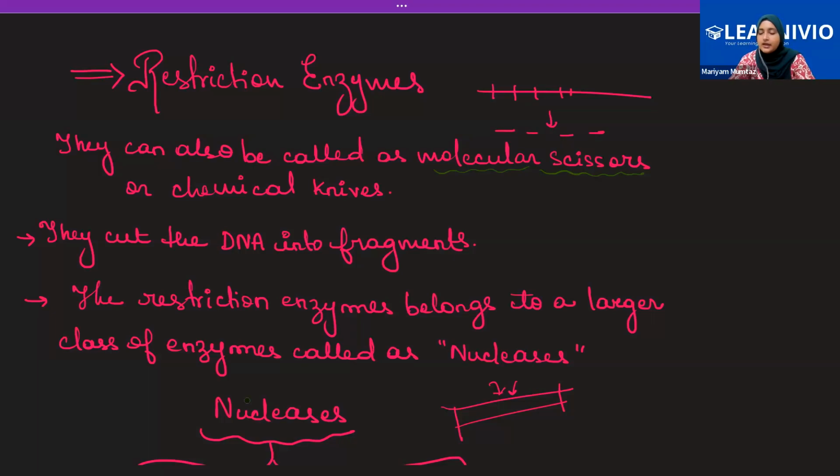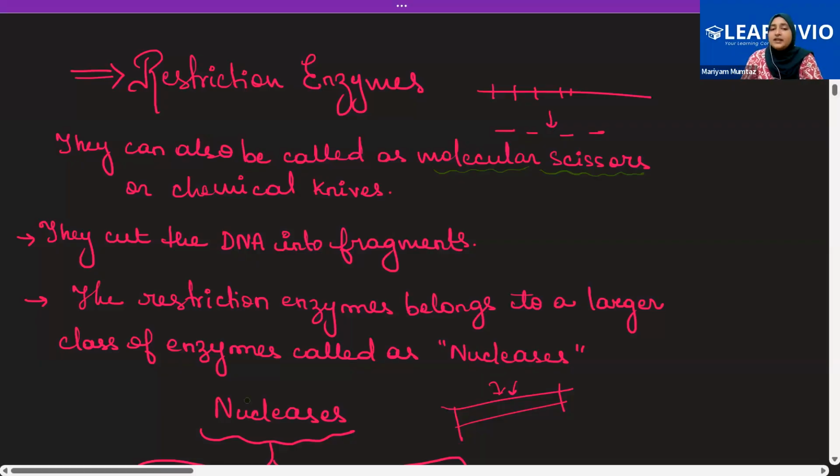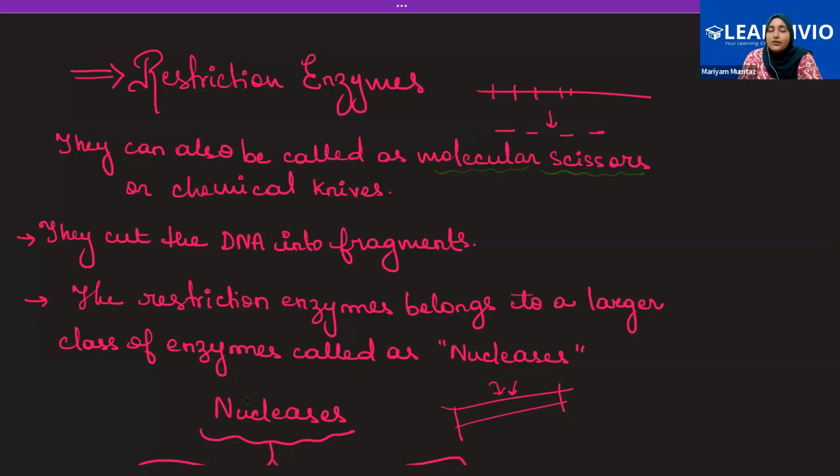Cutting, right? So molecular scissors are the ones used to cut molecular level things. They are also called chemical knives. The restriction enzymes cut the DNA into certain fragments, however many fragments you would want.